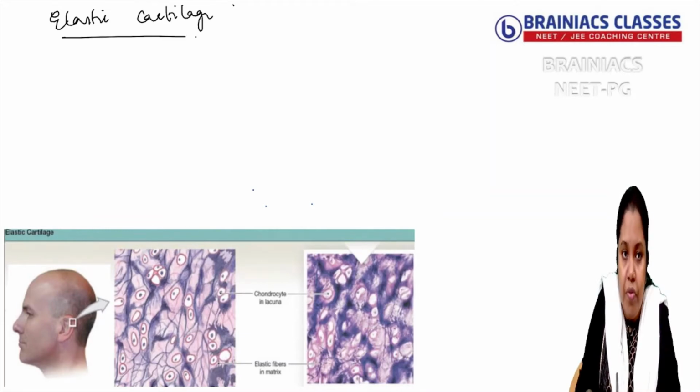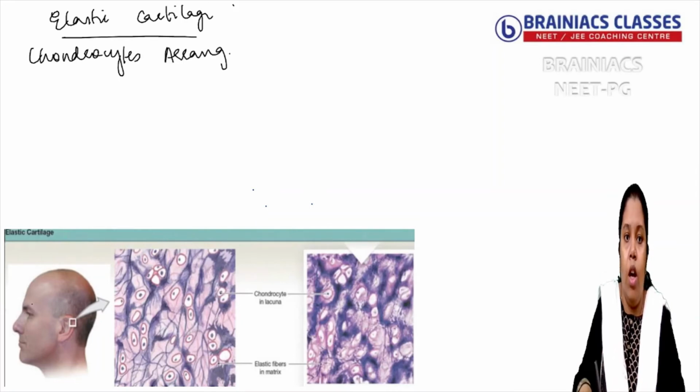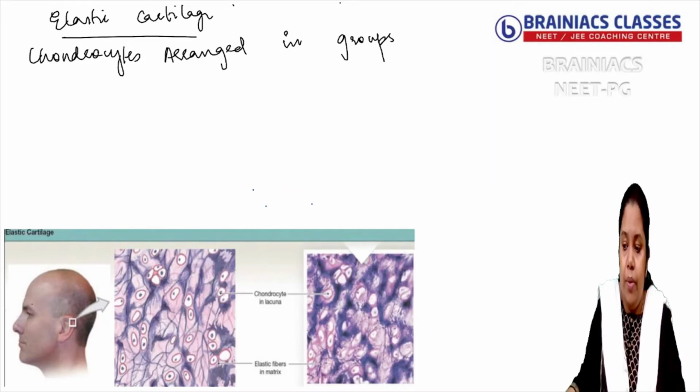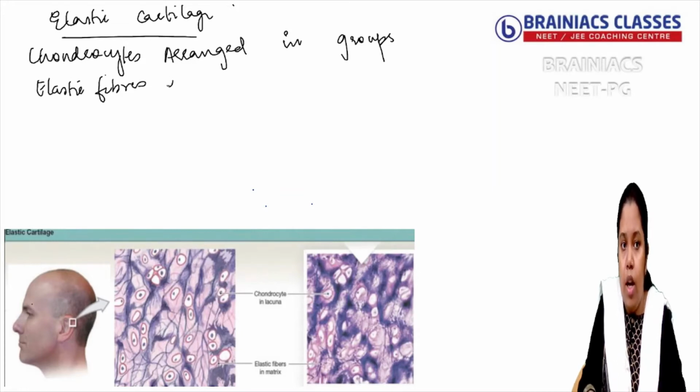In elastic cartilage, here also the chondrocytes are arranged in groups. Then the elastic fibers are more than the collagen fibers.